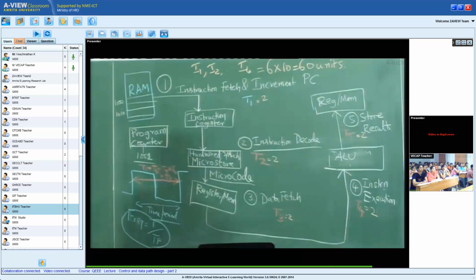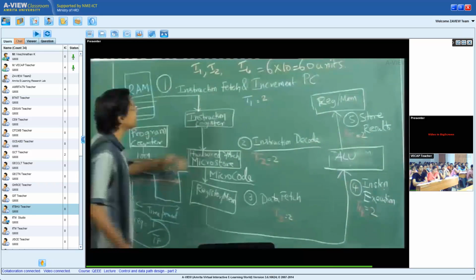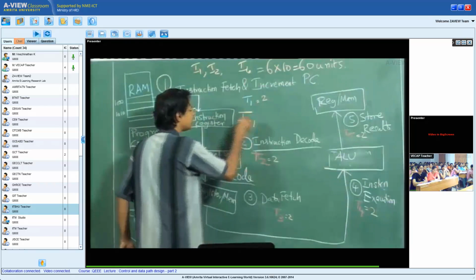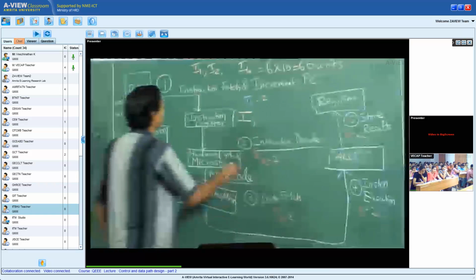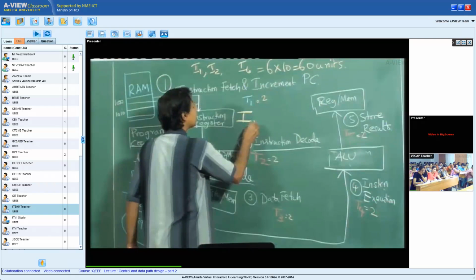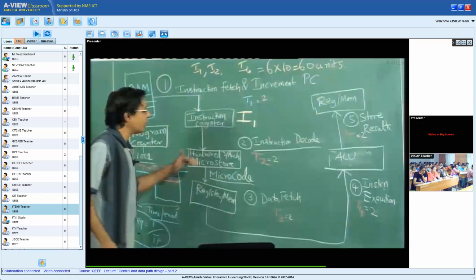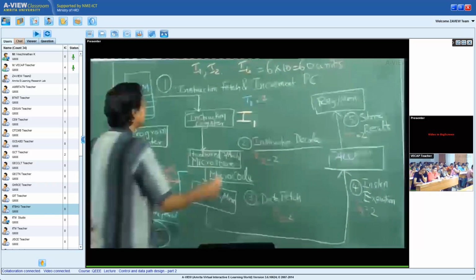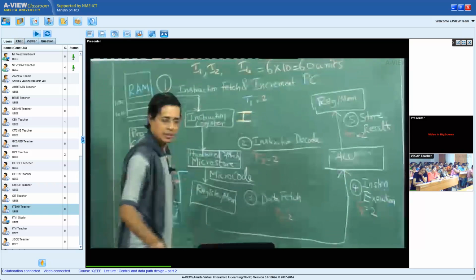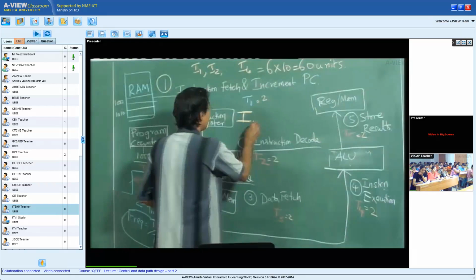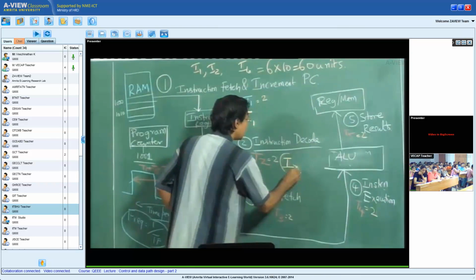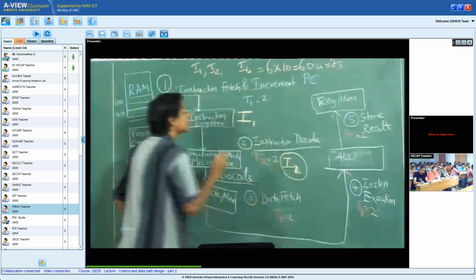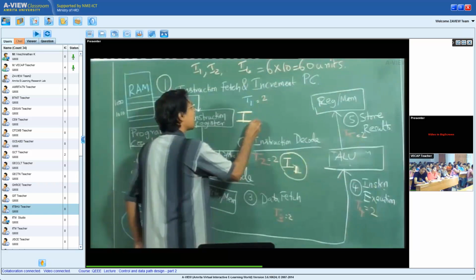What we are now trying to say is, you first fetch instruction I1. Please carefully note this. Now when you are decoding instruction I1, that is, I1 has reached this stage, you go and fetch I2.